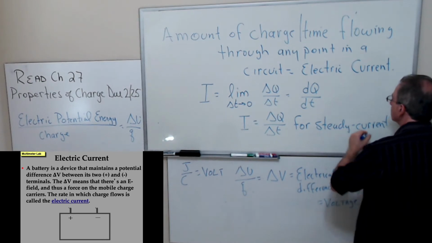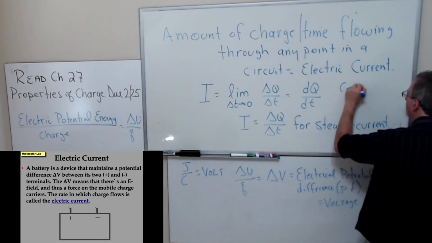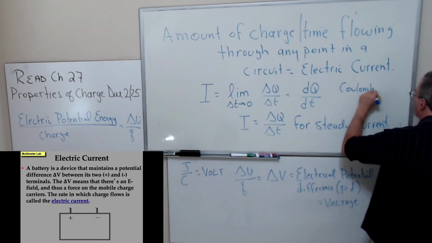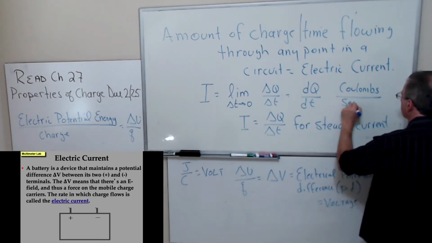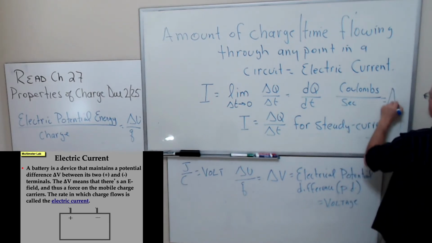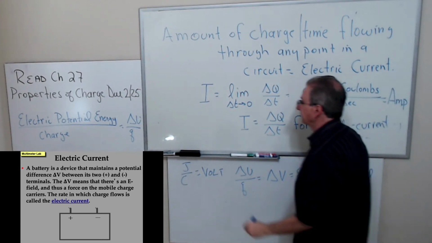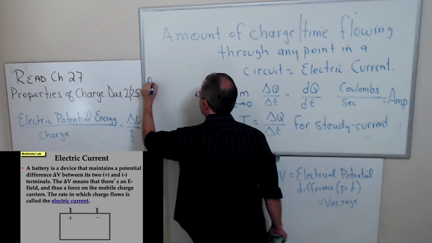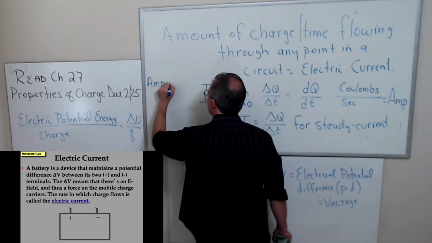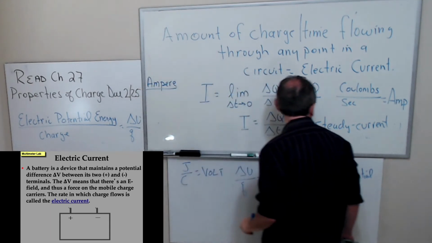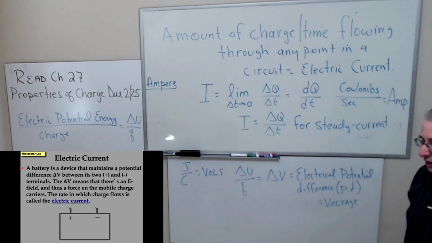The units are coulombs per second, also known as the amp or the ampere. And it turns out that the amp is kind of a large unit for electrical current.